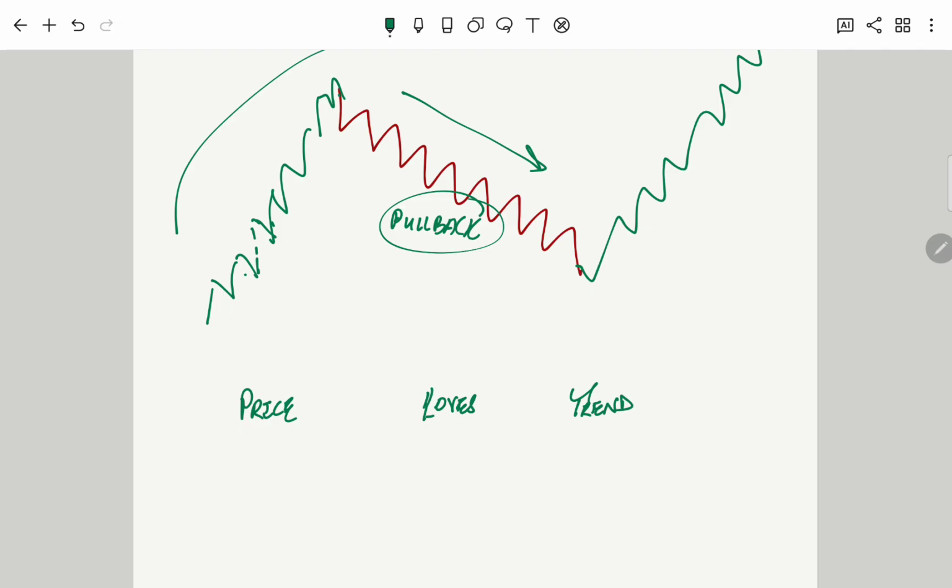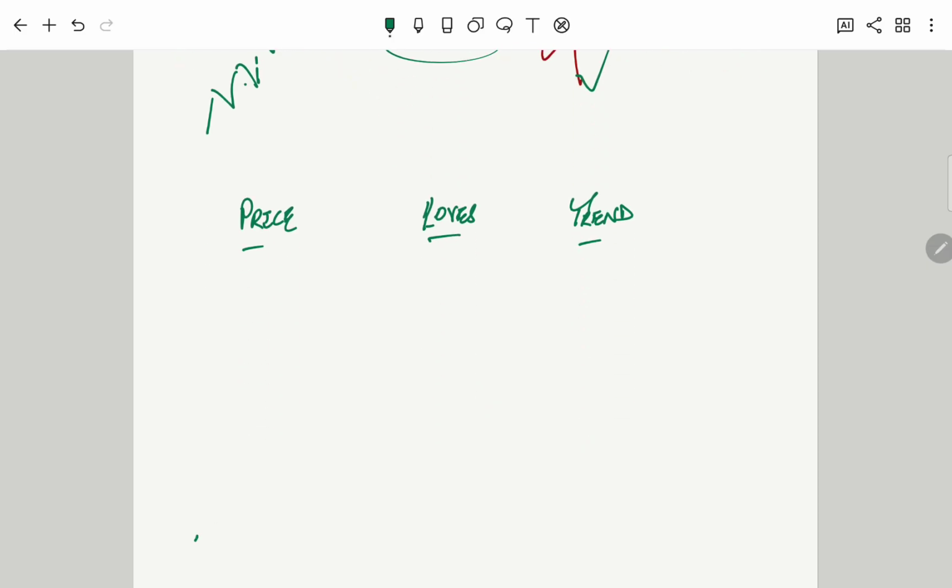That means the price action, the price movement, always loves the trend. That means if we are in an uptrend, the price will continue to go up for a long period of time. Indeed, it will have its small pullbacks, but it will keep going up for a long, long period of time.